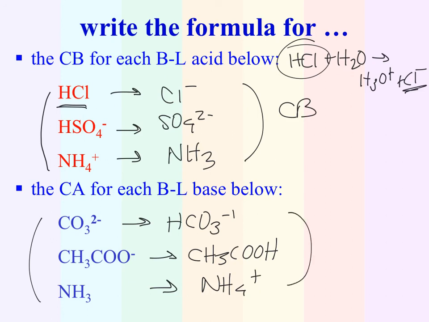So notice how these have all gained one proton and become conjugate acids of the Brönsted-Lowry bases that are shown here. Same thought process, same approach, and the ability to identify each of these is going to be important. So make sure that you practice and get used to what's being transferred, who's accepting, who's giving.